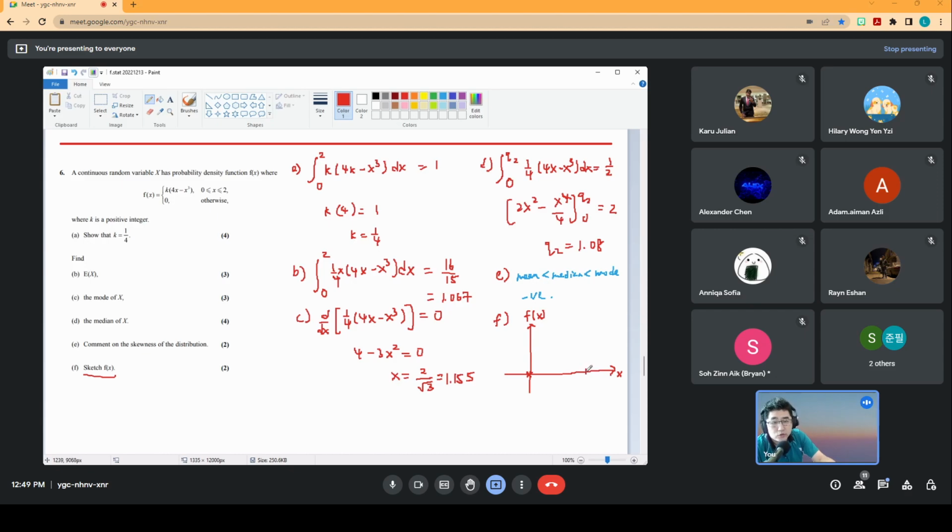This is 2. I have the turning point at 1.155. When it's at 2, the cube is 0.